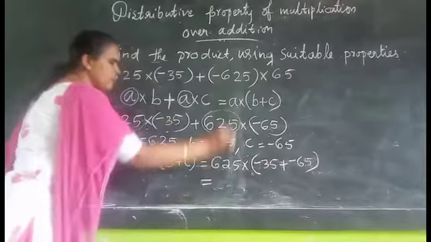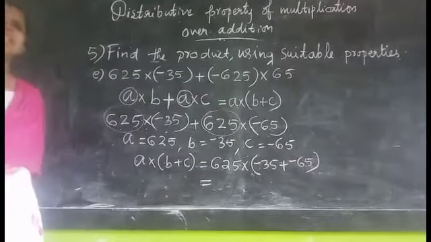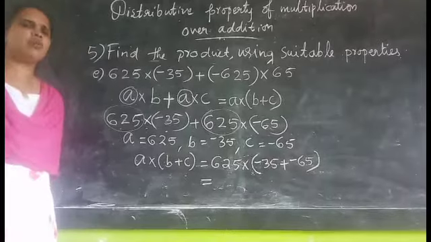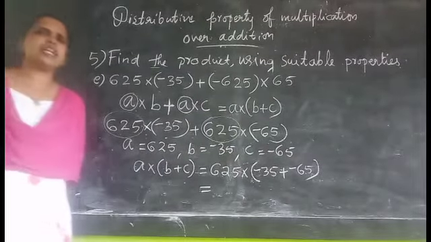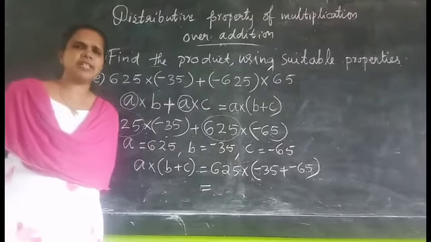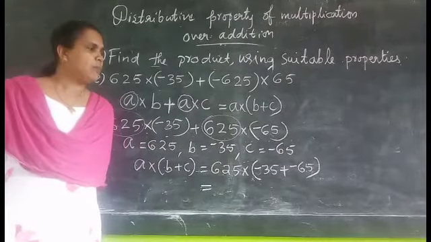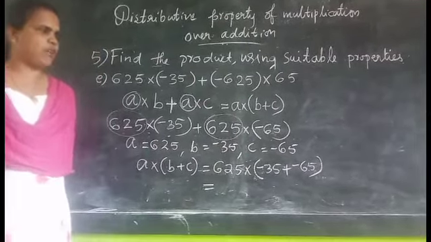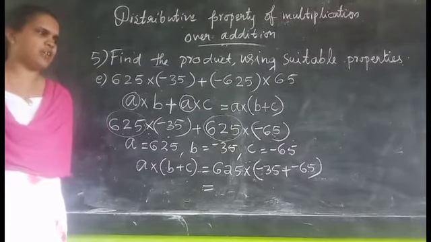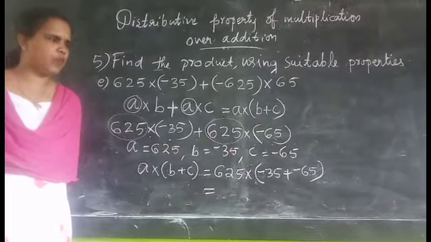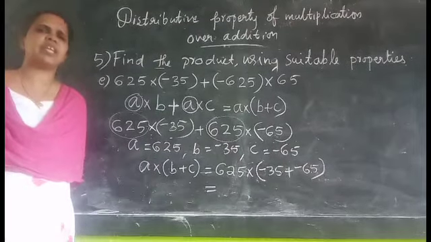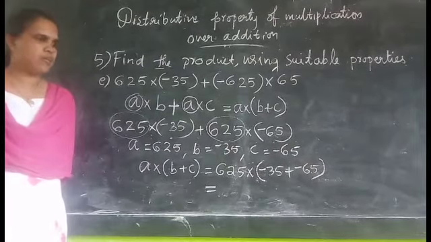First we do the calculation inside the bracket. What is inside? Negative 35 plus negative 65. The sum of negative 35 and negative 65 is, what is it?